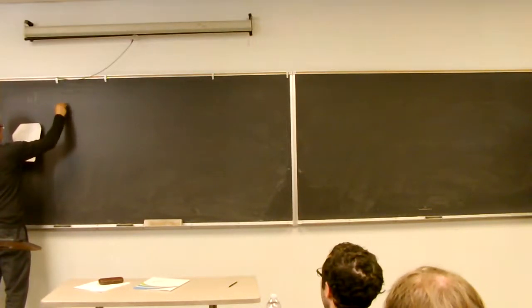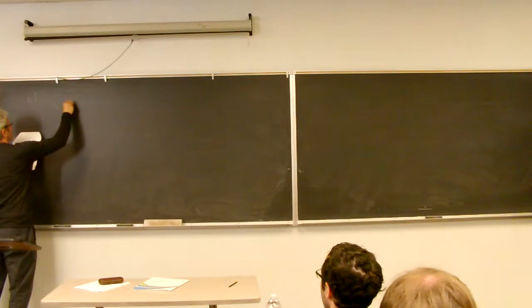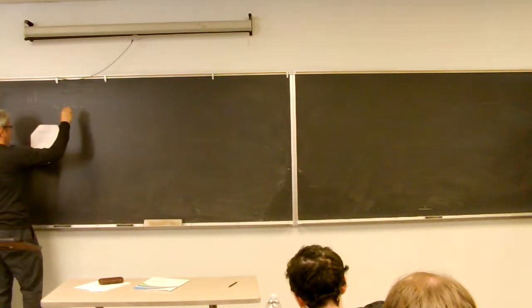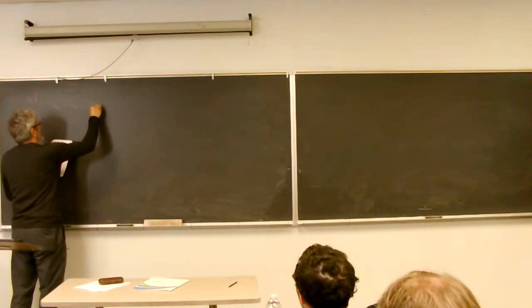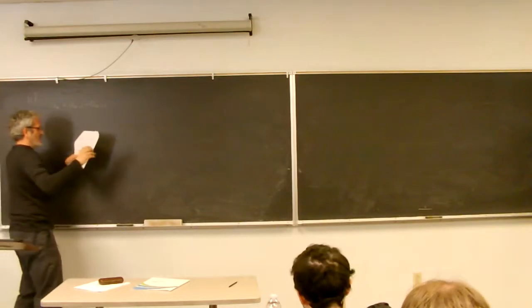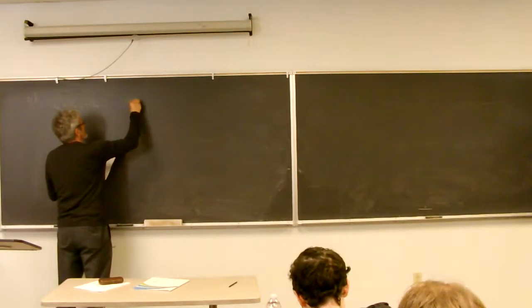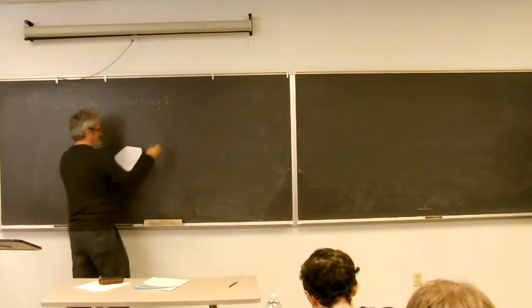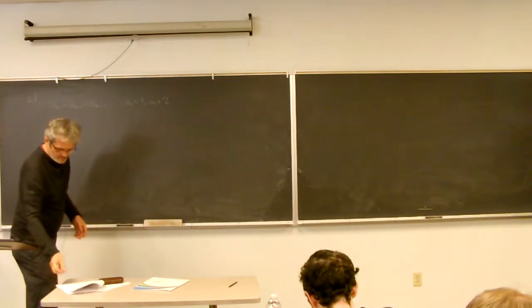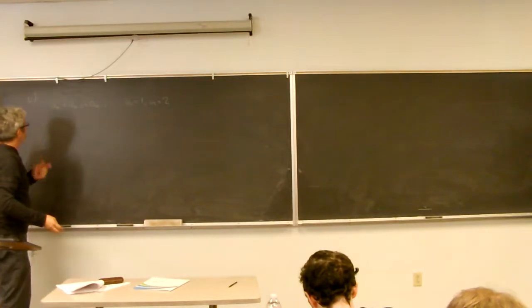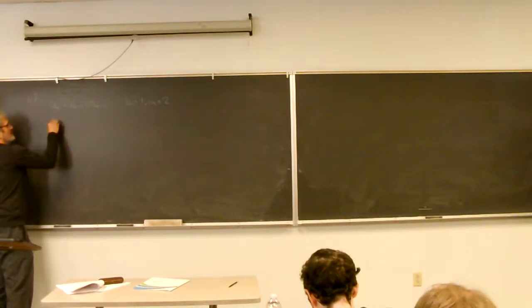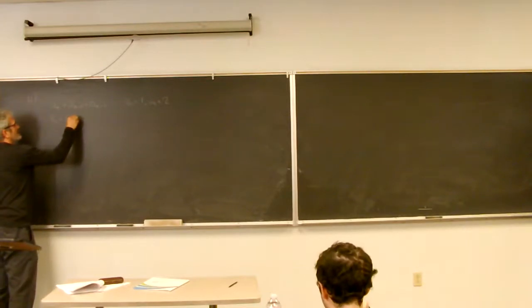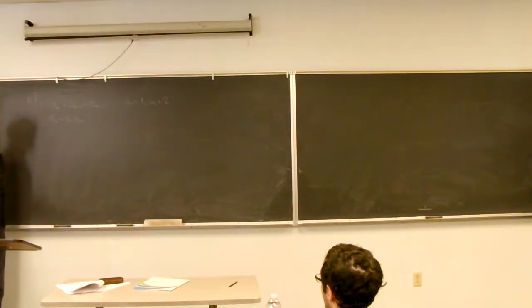a_k is a_{k-1} times a_{k-2}. And then a_0 is 1 and a_1 is 2. Then what do we do? Take b_k to be ln of a_k. They're all positive, so that's all defined.